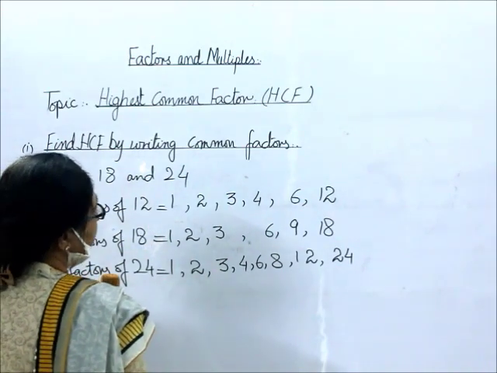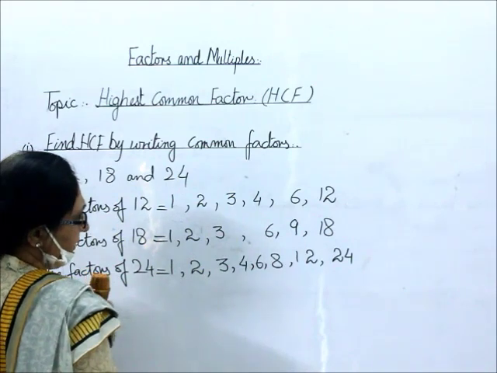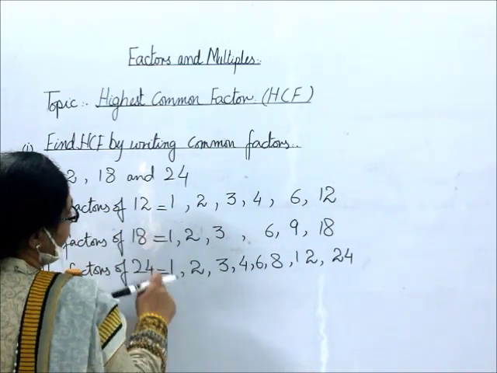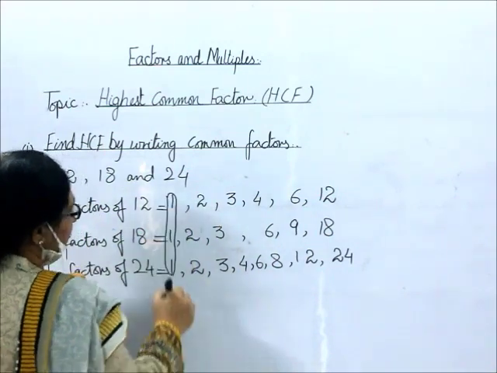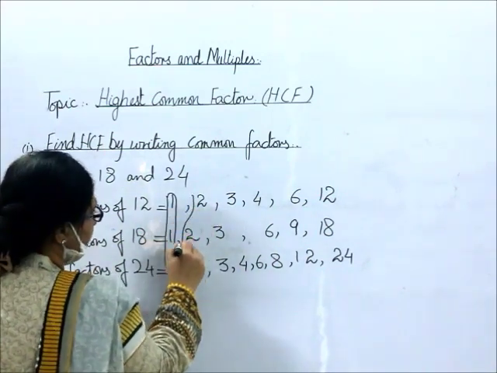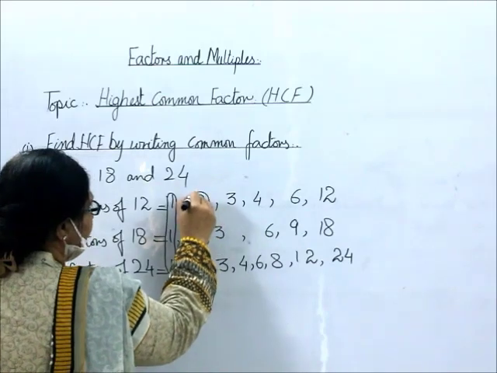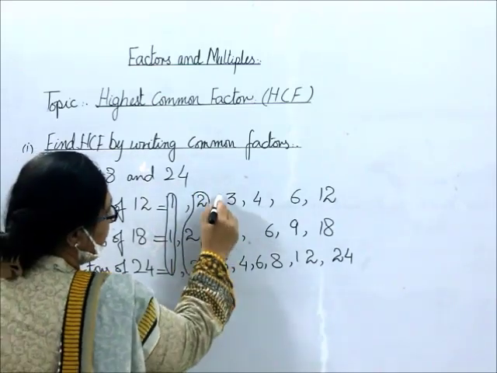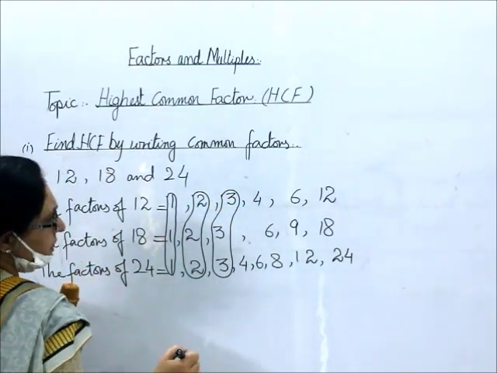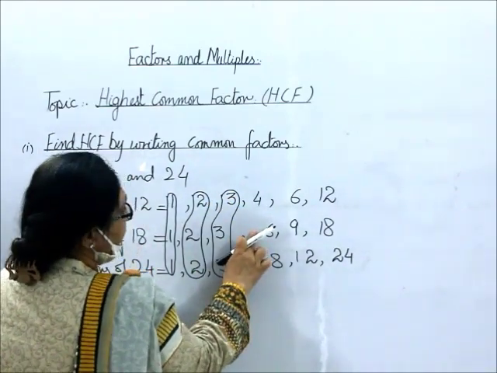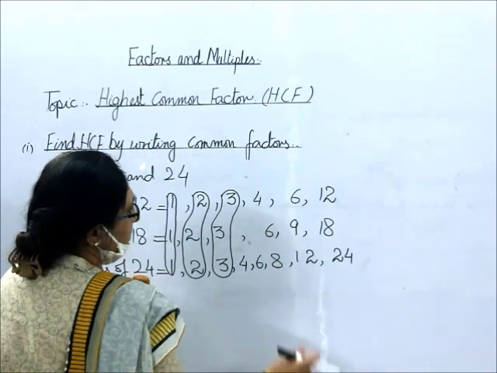Now let's look for the common factors. Do we have some common factors? Yes, you can see 1 is present in all these numbers, so this is common. Then 2 is also present, so let's loop number 3 because it is also present in all the 3 numbers. 4 is not present in number 18, so it is not common.